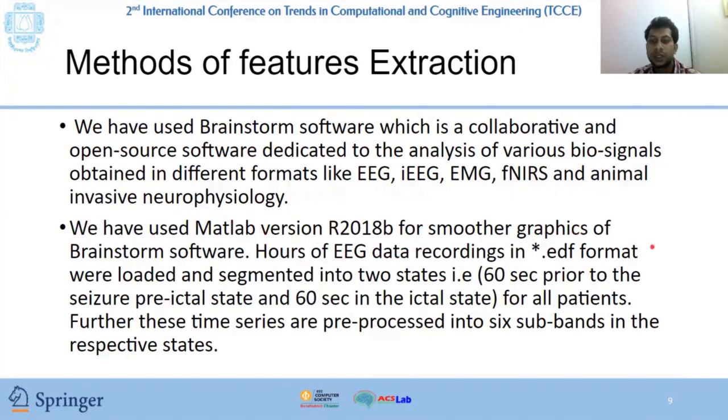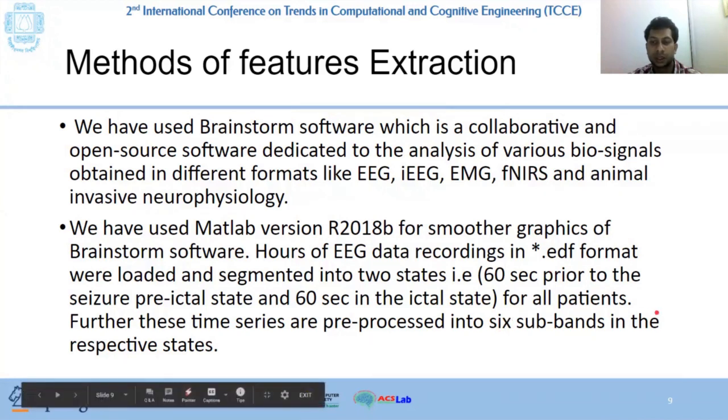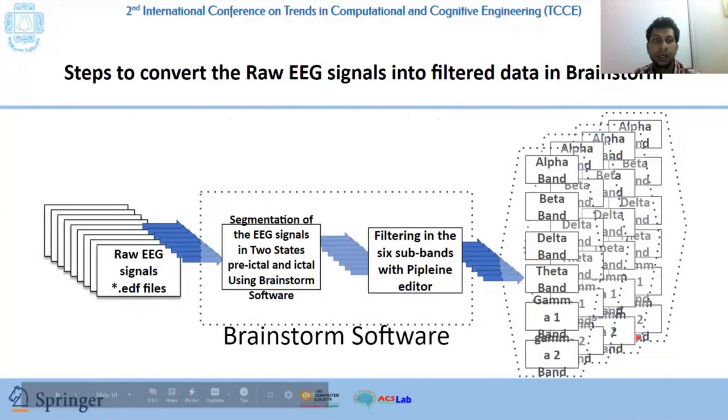The hours of EEG recording in .edf format in the two states, ictal and pre-ictal states, of all these patients were analyzed in time series and pre-processed in these 6 bands respectively. And the steps we have followed to get the overall features are like here.